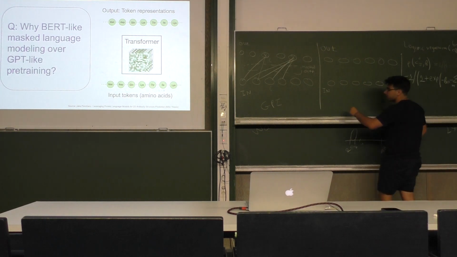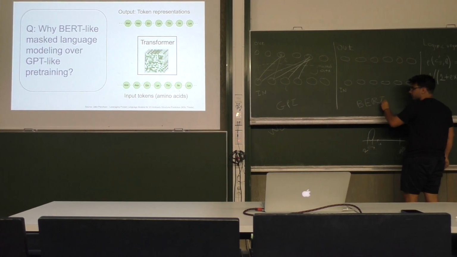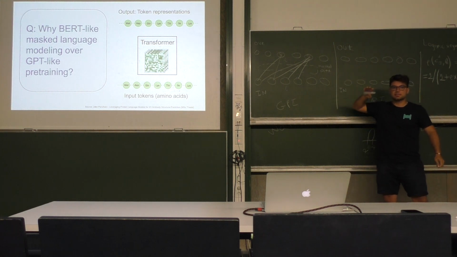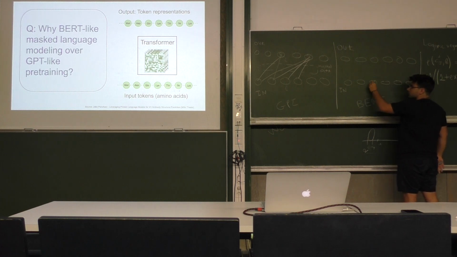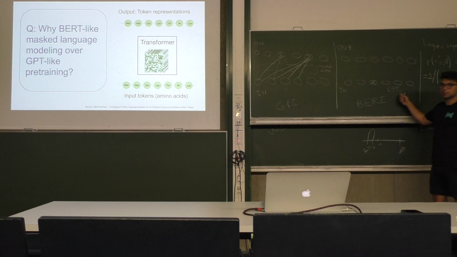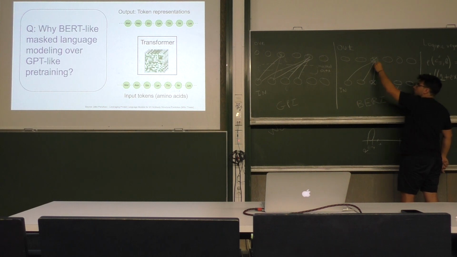In the case of BERT training, we have the so-called transformer encoder, and we don't have any masking inside the attention module, but instead we mask the input sequence. So usually 15% in natural language, and as we will see as well in proteins, we mask 15% of the sequence, and then we take the output representation that sees all the sides, so right and left side.